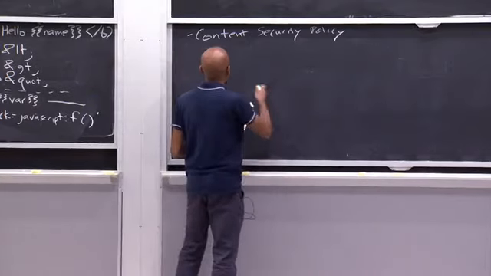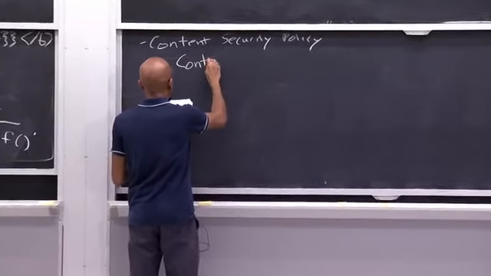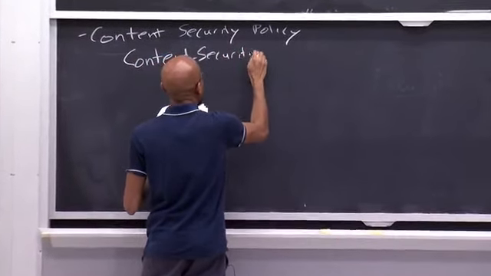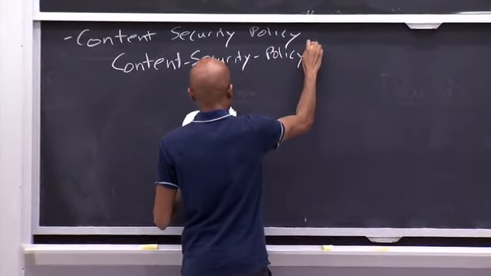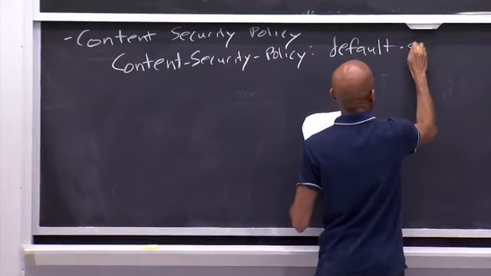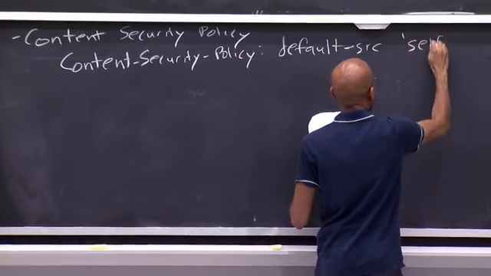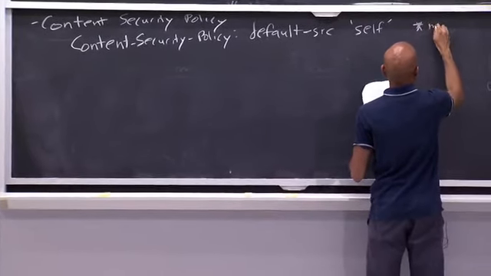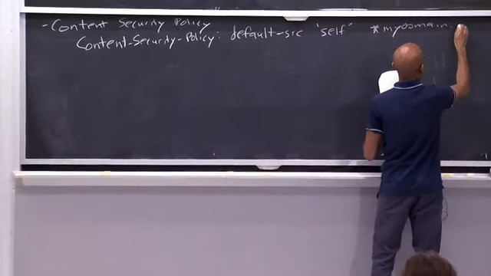So, for example, in an HTTP response, the server might include the content security policy header, and then it might say something like: the default source is going to equal self, and it will also accept things from asterisk.mydomain.com. So what does this mean?